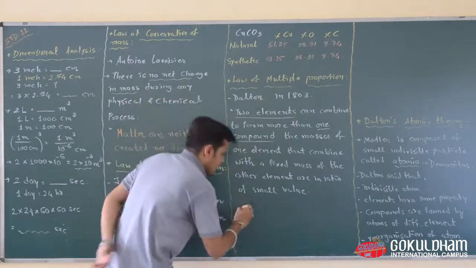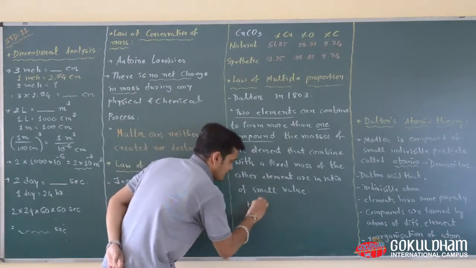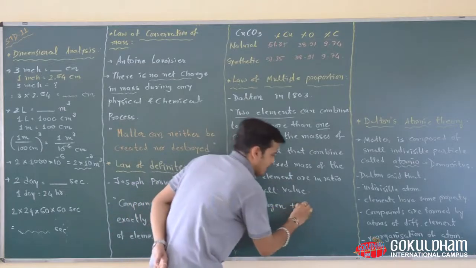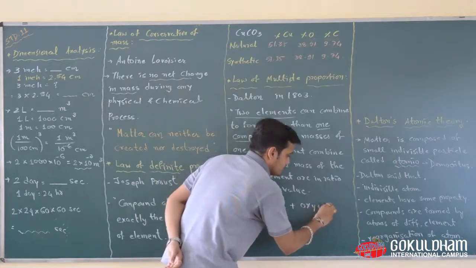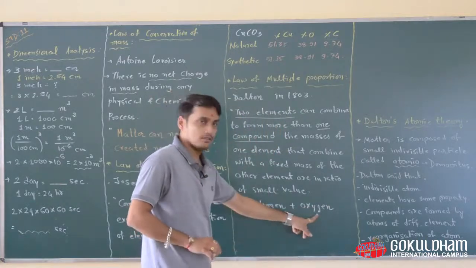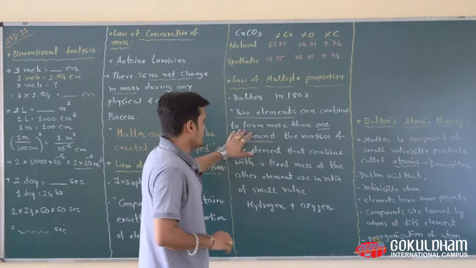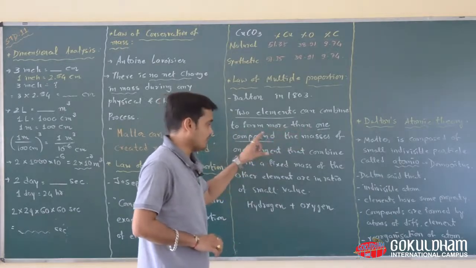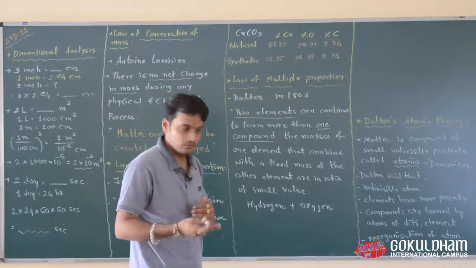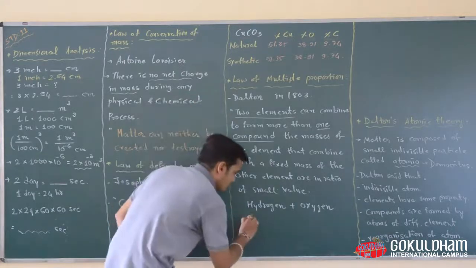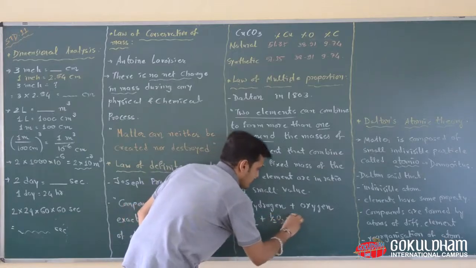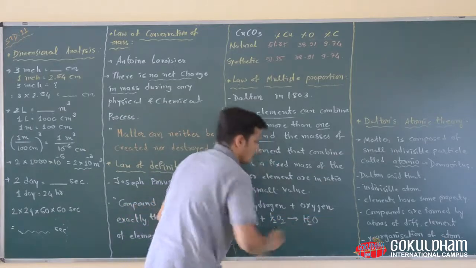So, see, our first element is hydrogen and another element is oxygen. Two elements, one hydrogen, one oxygen, to form more than one compound. It means hydrogen and oxygen can form more than one compound. So we take the examples: H2 plus 1/2 O2 gives H2O.